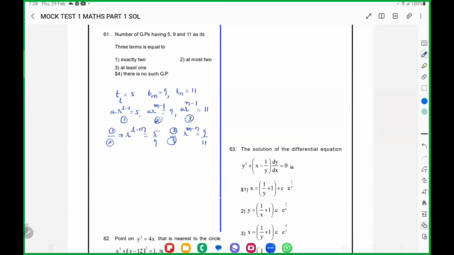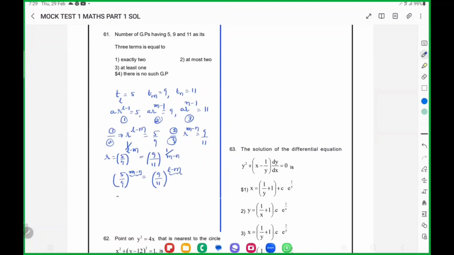So from this, R will be 5 by 9 whole power 1 by L minus M, which is 9 by 11 whole power 1 by M minus N. So raising to the power L minus M into M minus N, it becomes 9 by 11 in power L minus M. Here L, M and N are integers.